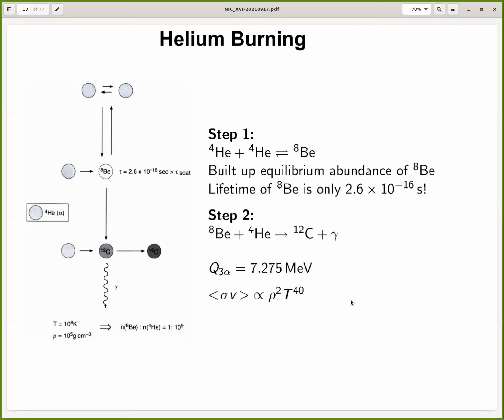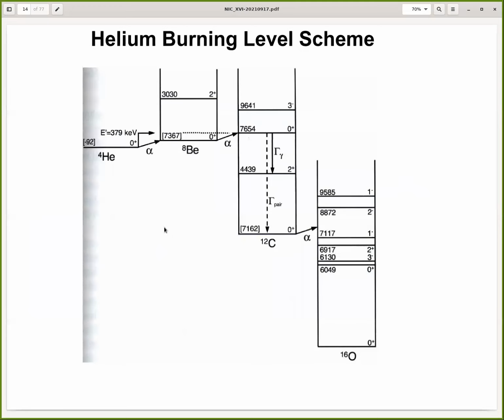And you can have a more extended picture, namely once you have made this carbon-12, you can have another alpha particle capture and make oxygen-16. It may be hard to read in here. So the way we can envision this, we have an alpha particle and we capture another alpha particle on this, make beryllium-8, costs some energy, we capture yet another alpha particle, and then we can de-excite into carbon-12. And then from the carbon-12, if we capture an alpha particle, we get down to oxygen-16.